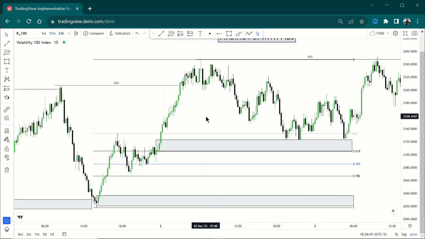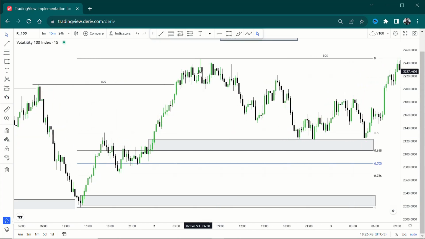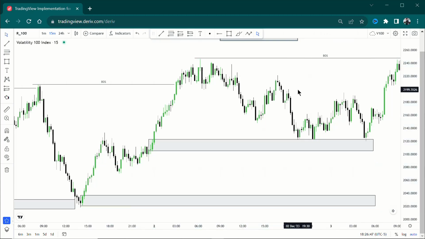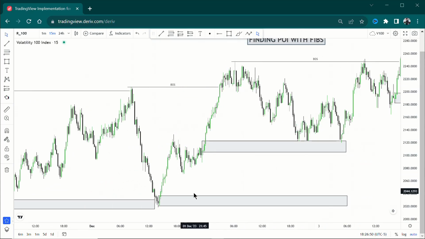This is what you're supposed to be doing. By the way, let me remove this. You can see there's already a break of structure here, so you don't just draw your Fibonacci retracement anyway. This level here is your last low.